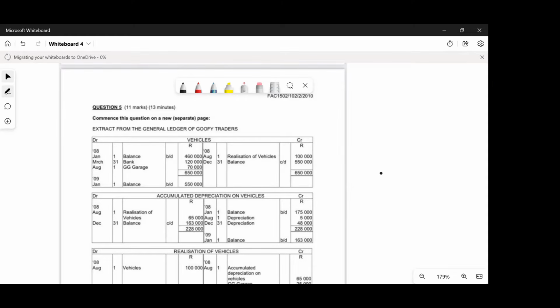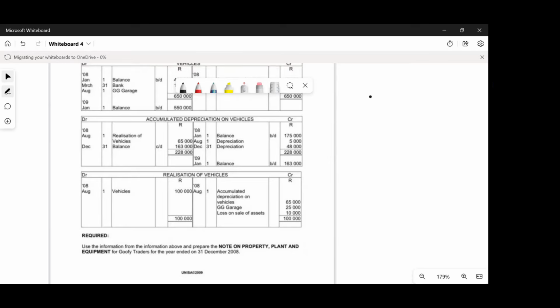So it says question 5, 11 marks, 13 minutes. Commence this question on a new separate page, and then you have your extract from the general ledger of Goofy Traders, in which you have your vehicles account with all the balances brought down at the beginning and also at the end. And then you have accumulated depreciation on vehicles, and then you have your realization of vehicles.